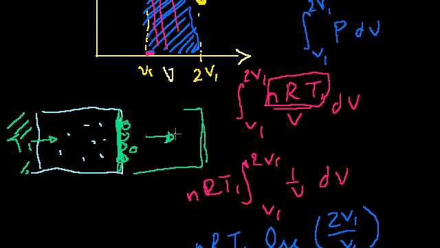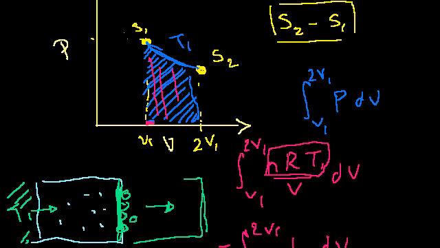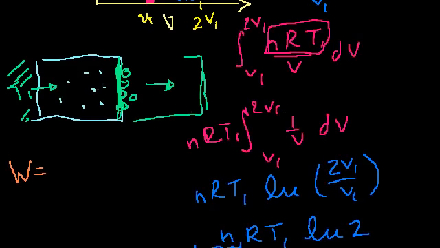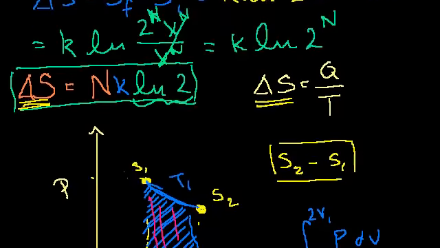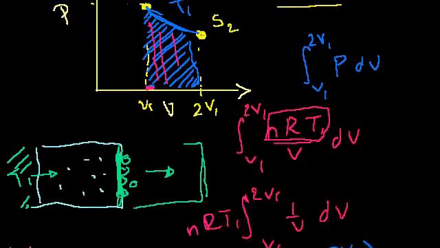Remember, all of this we were trying to find the amount of work done by our system. This is our quasi-static process. It's going from this state to that state, but it's doing it in a quasi-static way so that we can get an area under the curve.